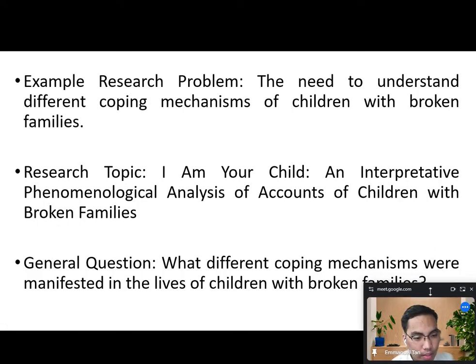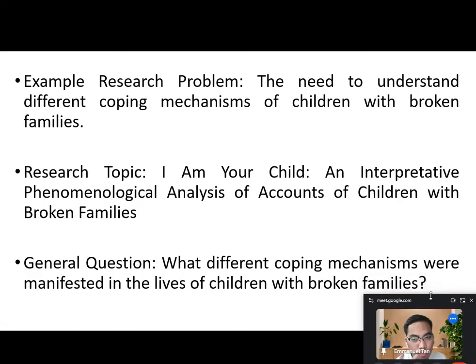So, that's the research problem. Merong kailangan malaman. At ano yung kailangan malaman? Yung different mechanisms. Sa inyo din, try to think of, ano ba yung kailangan malaman doon sa topic ninyo? Ano ba yung kailangan ma-solve? Ano yung kailangan maintindihan? Ano yung kailangan na ma-address?